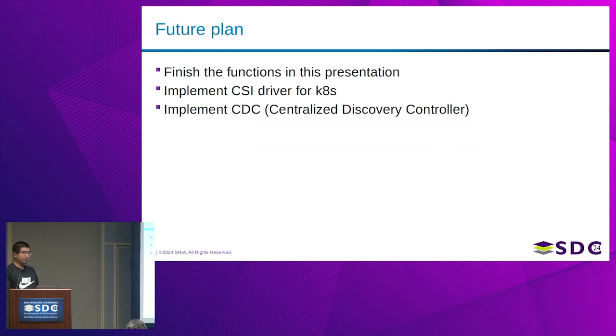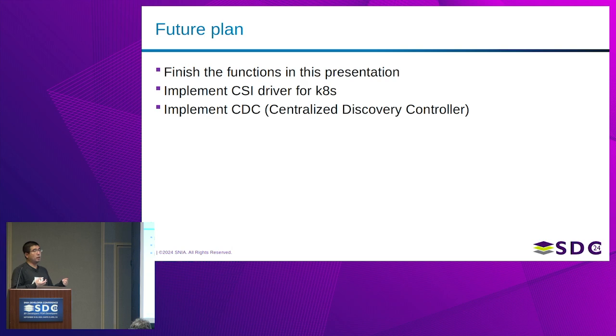Okay, and the last one is the future plan of this project. First, finish all the API functions I mentioned, and then I will implement a CSI driver for it. Then it will be usable as a custom storage for Kubernetes. Another plan is using a centralized discovery controller to discover the controller nodes.